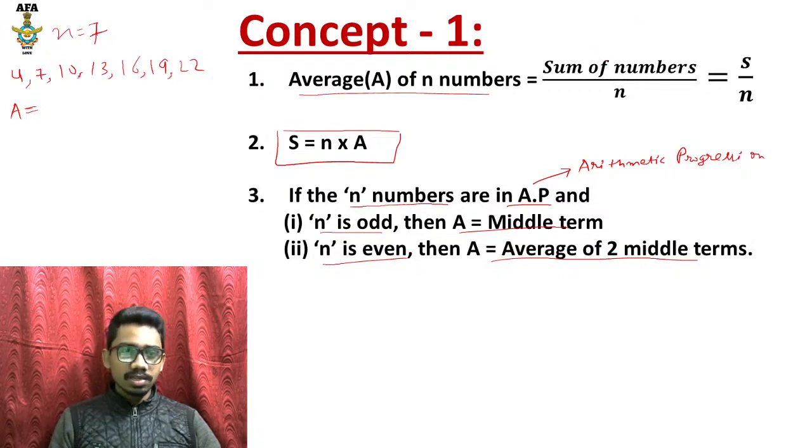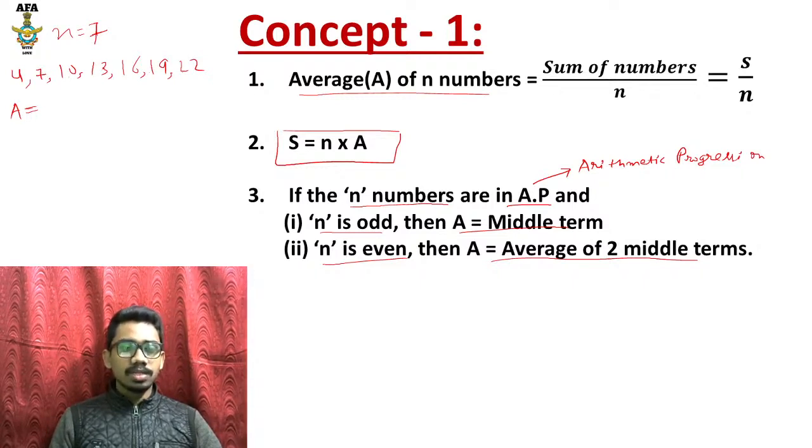You just add all these numbers. The sum will be 91.